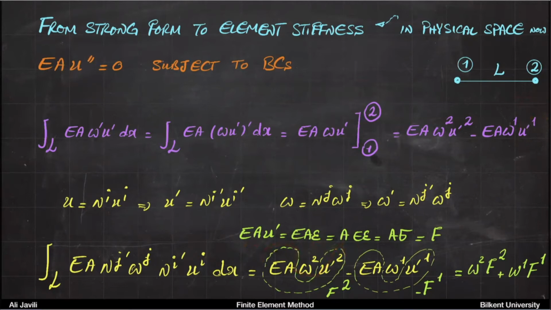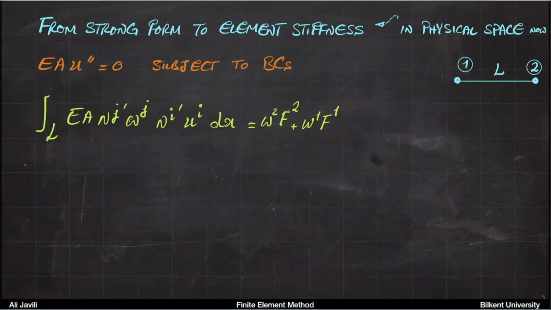So this term altogether is just the force at node 2. And this term here is the force at node 1, but with a minus sign because it is in the opposite direction, or because u prime is the internal value, and let's say it is constant everywhere, but the forces that would cause that are pointing in two different directions. So basically, you end up with this expression. You get W2 F2 plus W1 F1.